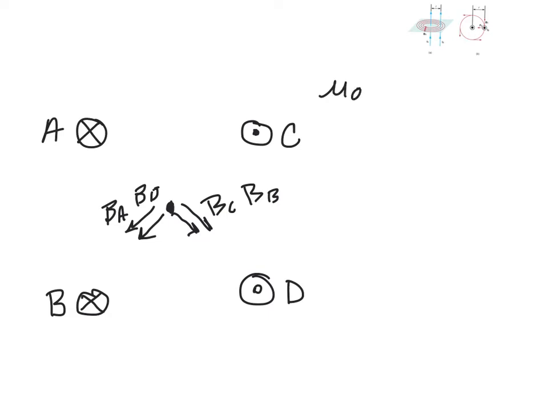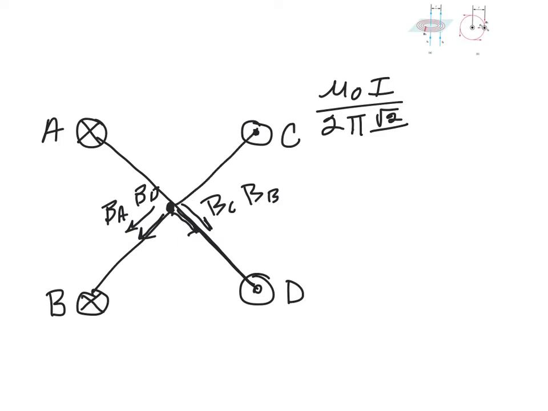So all 4 of those vectors are going to have the same magnitude, right? They're going to be mu naught I over 2 pi times that distance. And what is that distance? If the diagonal is the square root of 2, then this distance is half of it, the square root of 2 over 2 s.